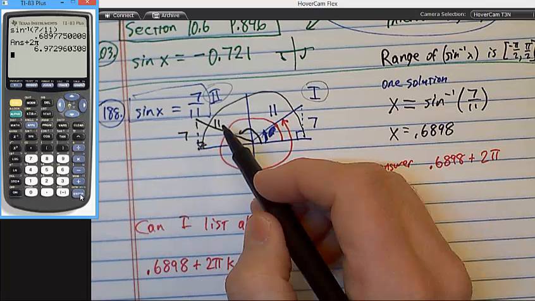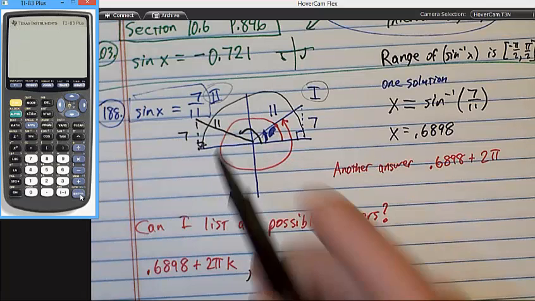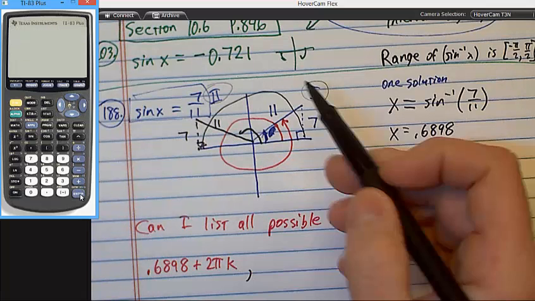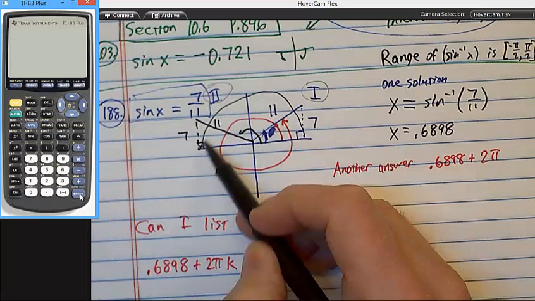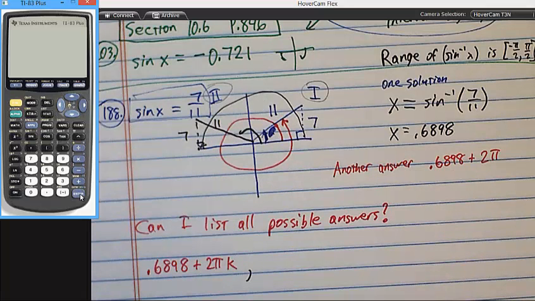But I use that to my advantage because now I say, okay, how do I get the angle I want? See if this makes sense to you. What if I told you what we have to do is pi minus the blue angle? Minus, what is the blue angle? The inverse sine of 7/11.